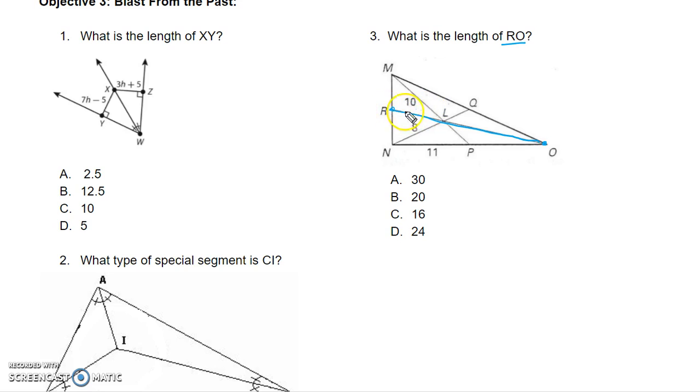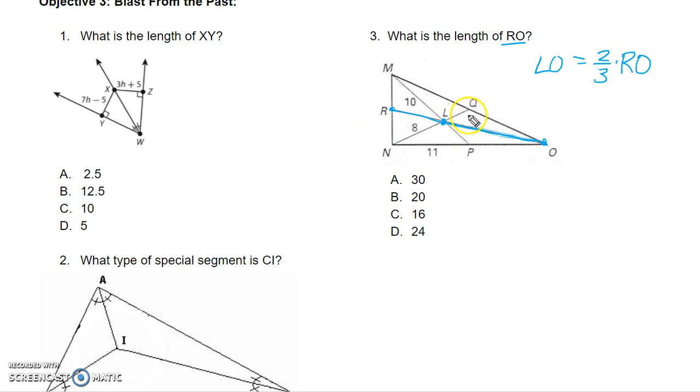So this is a median, which means it goes from this vertex to the midpoint on the opposite side. Now, the special property about the medians is that the centroid, which is point L, and O, which is the vertex, that is 2/3 of the distance of the entire segment. Okay, so what that means is LO would be 2/3 the distance of the entire segment RO.